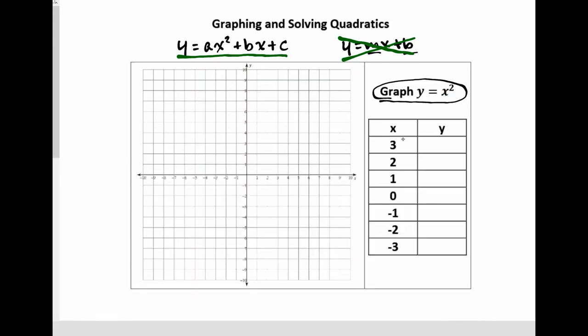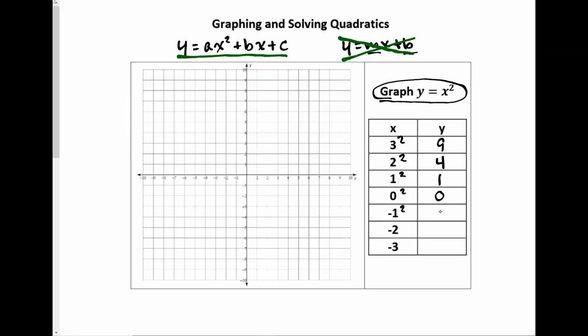So, y equals x squared. That means that for every x that I have, I'm going to square it to get the y. So essentially, I'm just going to say 3 squared is 9. 2 squared is 4. 1 squared is 1. 0 squared is 0.